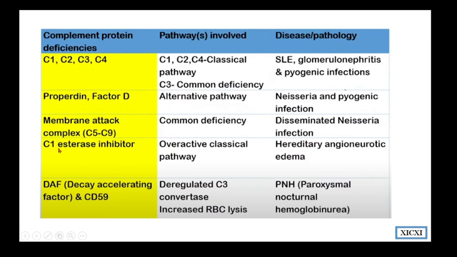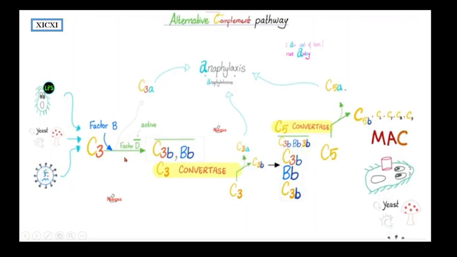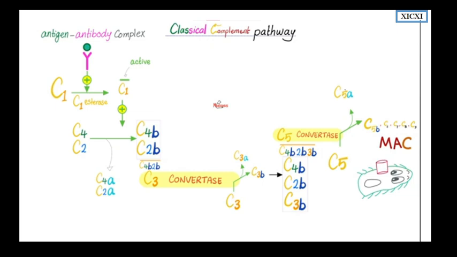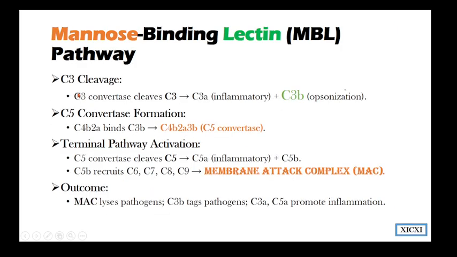If we are lacking C1 esterase inhibitor, remember C1 inhibitor is in the classical pathway. This is C1 esterase. Once there is no inhibition of this enzyme, you're going to have high production of C1, means you're going to have overreactivity of this classical complement system, because the inhibitor, or regulator, of this enzyme is not there.